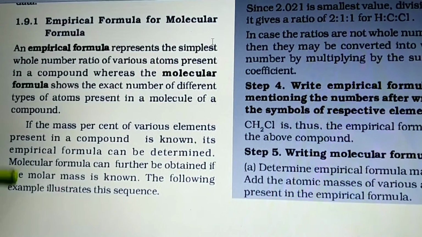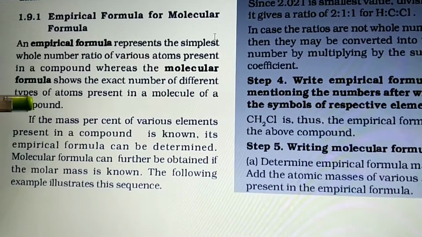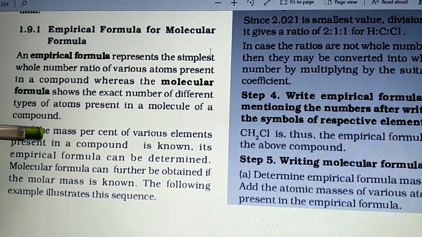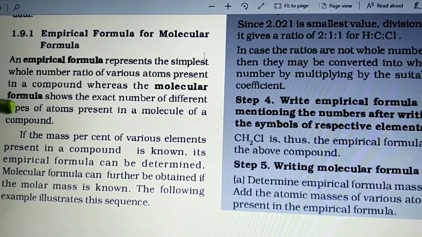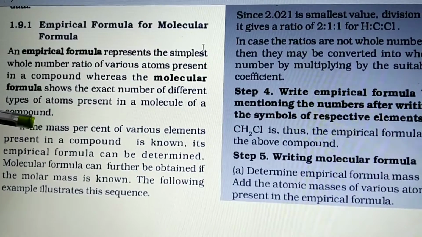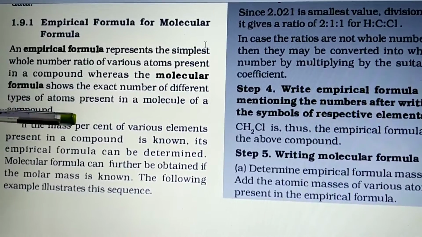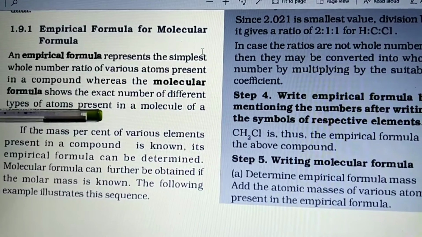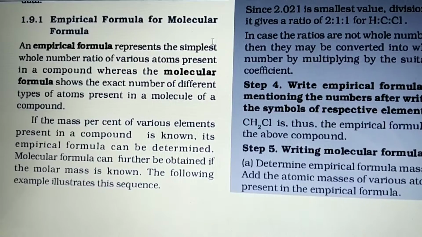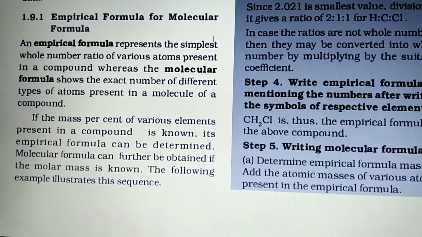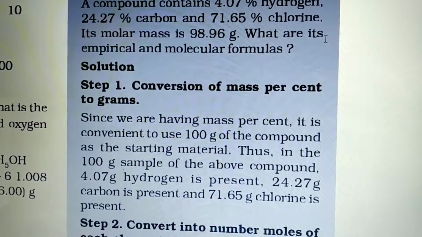Suppose we take the example of glucose, C6H12O6. If we take the simplest ratio of this glucose, that means we divide all by 6, then it becomes C1H2O1. That is the empirical formula, and the molecular formula will be C6H12O6, right?